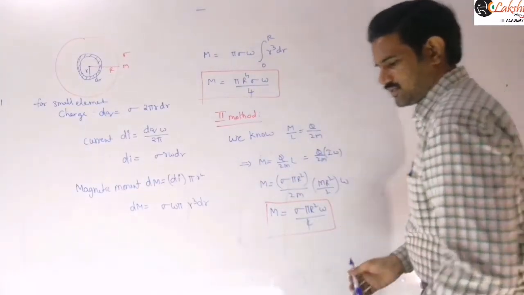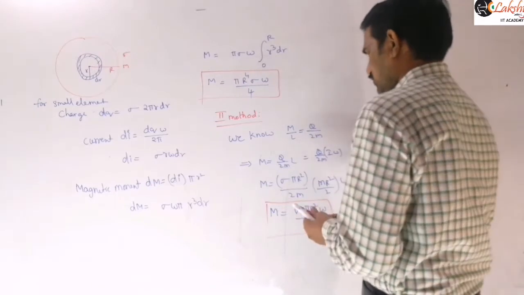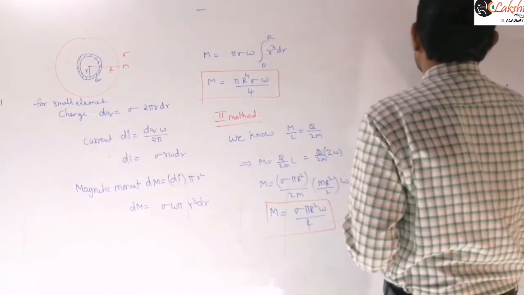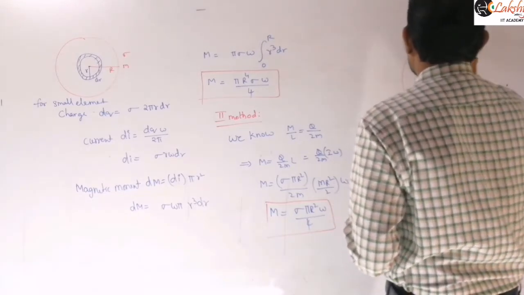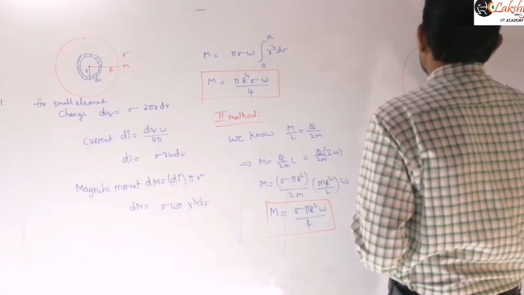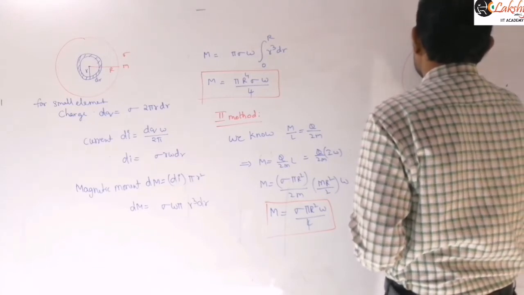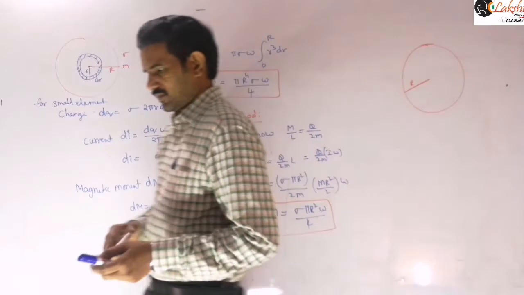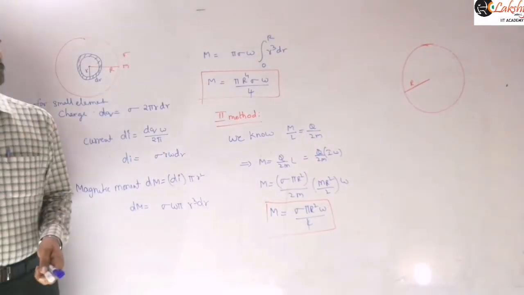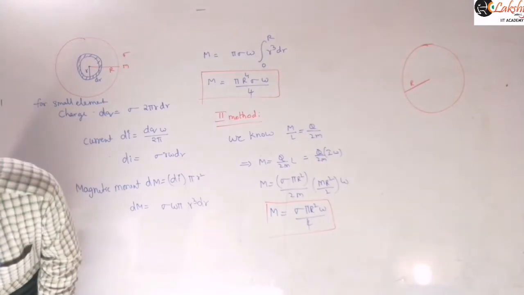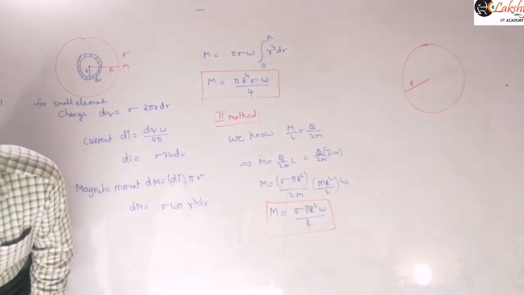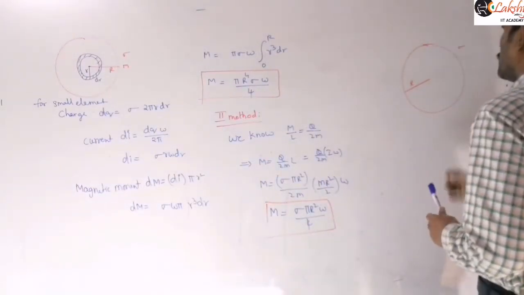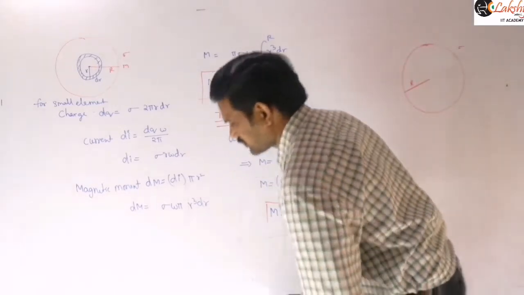Now let us take an arrangement in the form of a cone. Or first let us take a sphere. After that I will explain the cone. So write that problem. Consider a sphere of radius r uniformly charged with the surface charge density sigma.